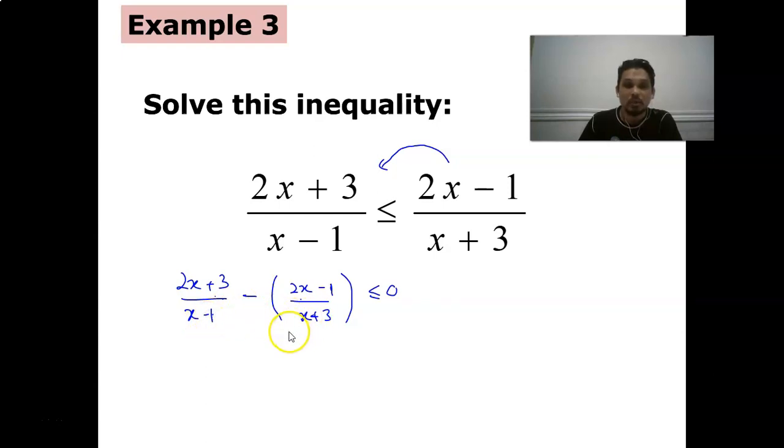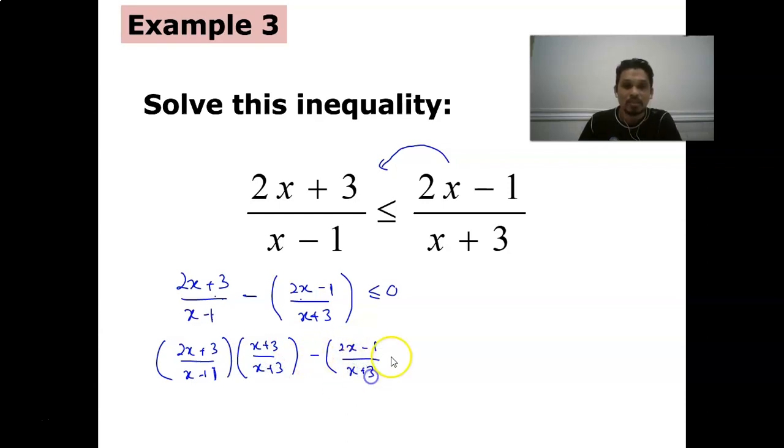We equalize the denominator. Okay, so what I'm going to do next is (2x + 3)/(x - 1) multiplied with (x + 3)/(x + 3), minus (2x - 1)/(x + 3) multiplied with the denominator of this, (x - 1)/(x - 1), less than or equal to 0. Okay.